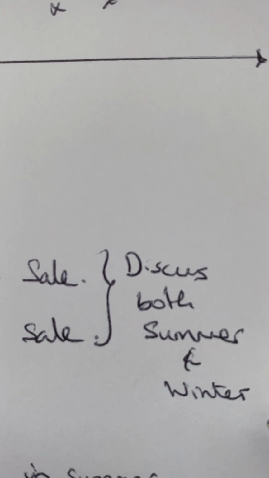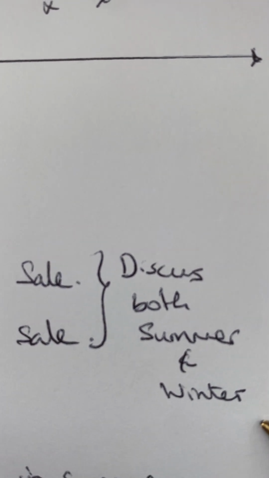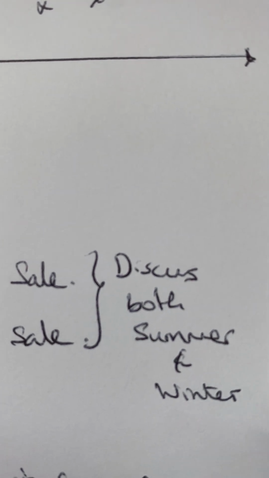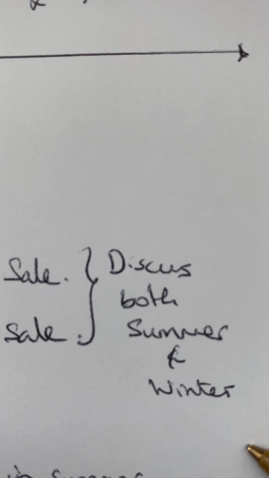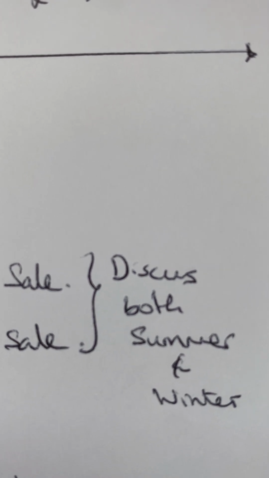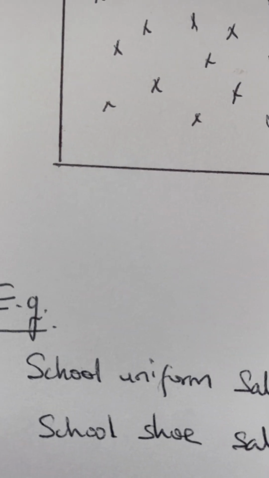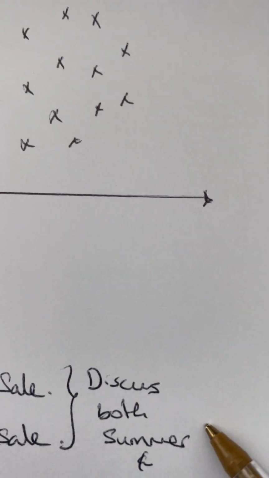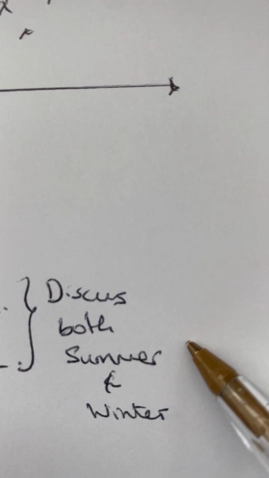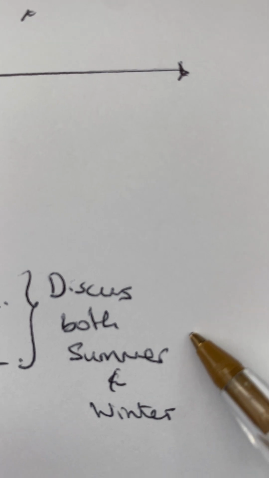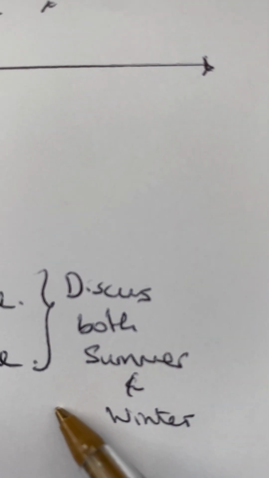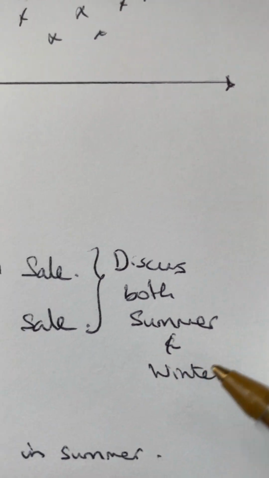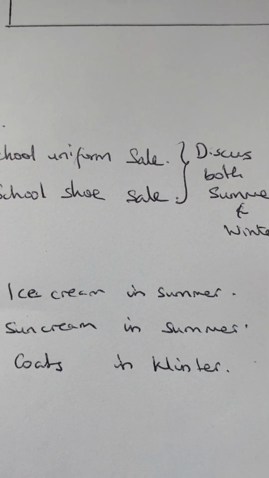Okay, but in summer, most people are not going to be buying coats. So there will be a negative correlation between the summer month sale in coats and the winter month sale. I hope I'm making some sense here.